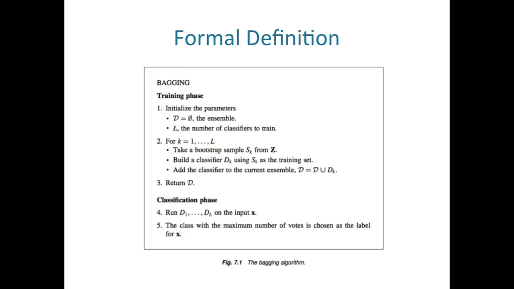For the classification or testing phase, once we have a testing data point, it is run through each of the individual classifiers. For a classification setting, the class that has the maximum number of votes is the one chosen as the final label. For regression, it will be an averaging of all the final labels.